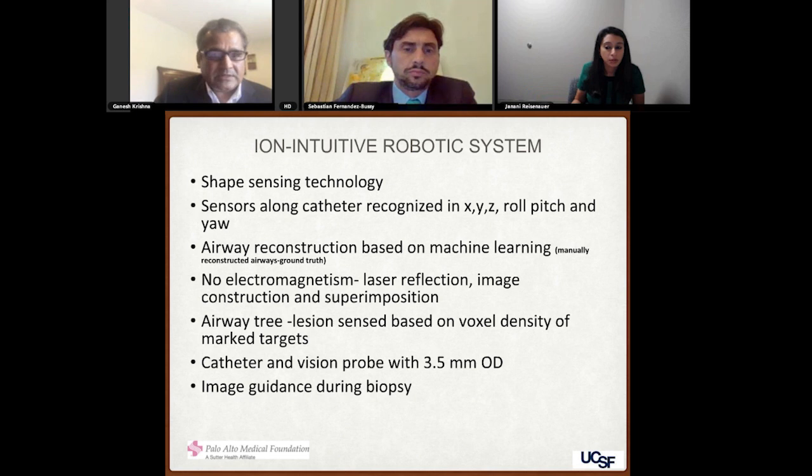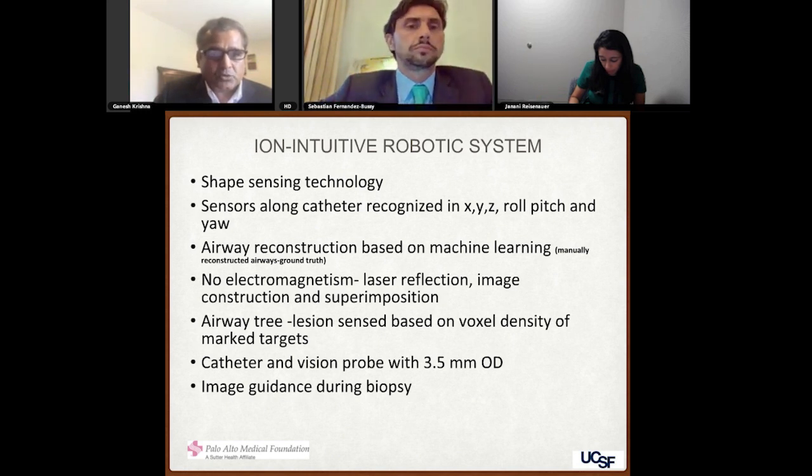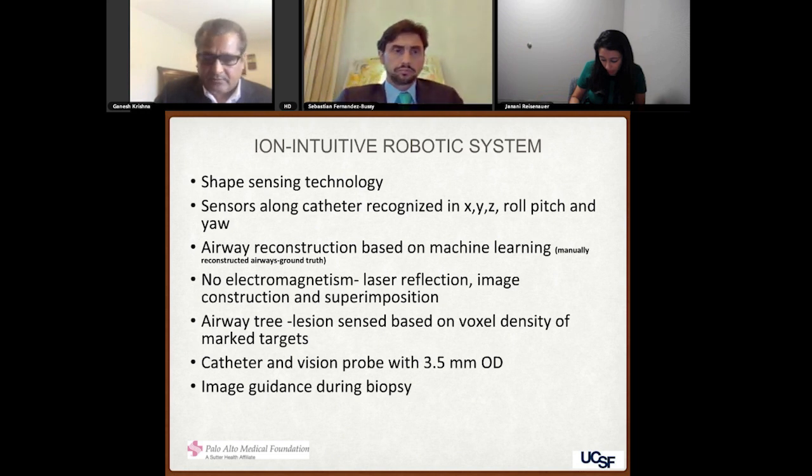So all you're going to be seeing is a mucous membrane in most cases. I don't know if that visualization can be very effective if your airway tends to collapse in front of you because you're blocking air entry into the lesion. And thirdly, a drop of blood is all it takes to obscure your view in the peripheral airway. So we have to be cognizant of that as well.